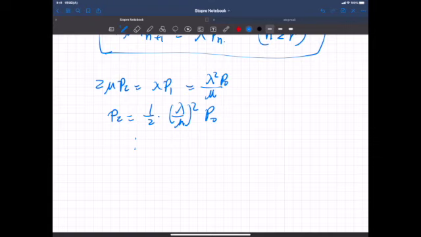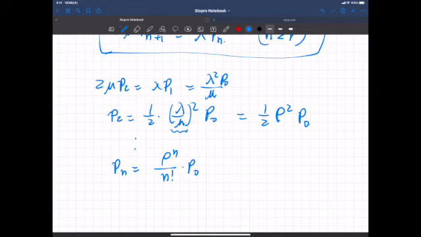We can continue this, and actually this is 1 over 2 and rho squared p0. Remember, this is defined as rho. This can be generalized into rho to the power of n over n factorial times p0. So this holds as long as n is less than r and greater than 1.